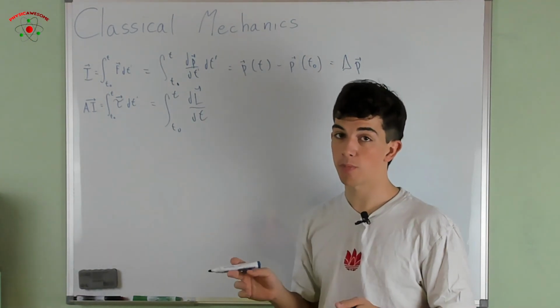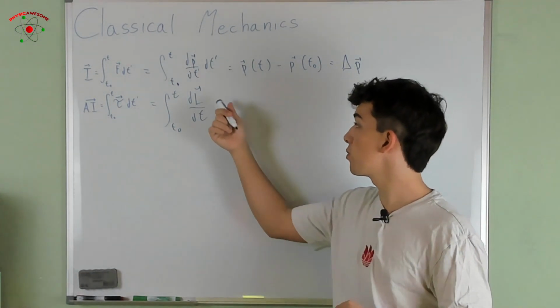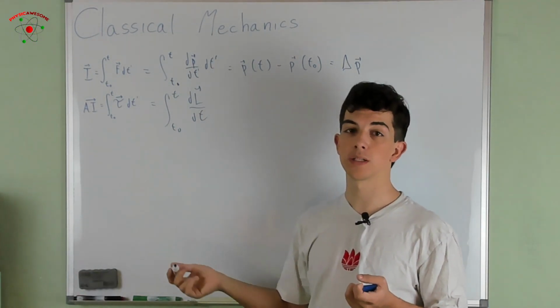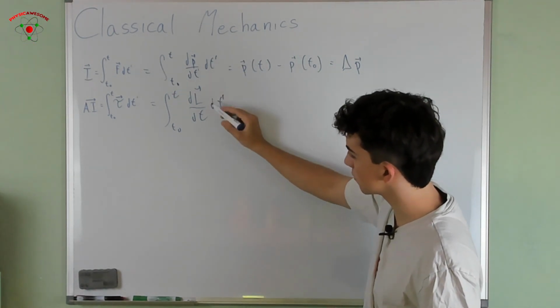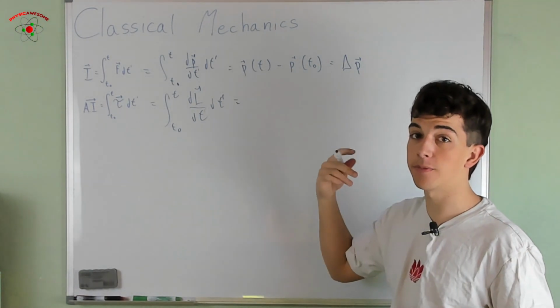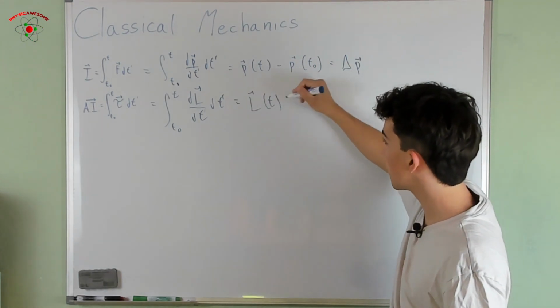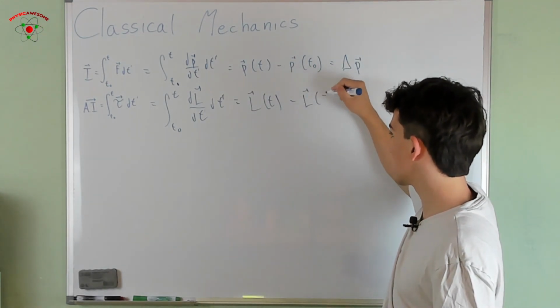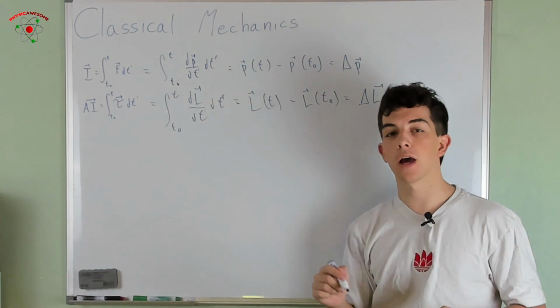Therefore, there will be no problem with not having a center of mass frame. But we will just keep it this way because it makes the math simple. Then we'll have this integrated over dt prime. And this, again, by the first fundamental theorem of calculus, gives L at t minus L at t naught, which is the change in L, in angular momentum.